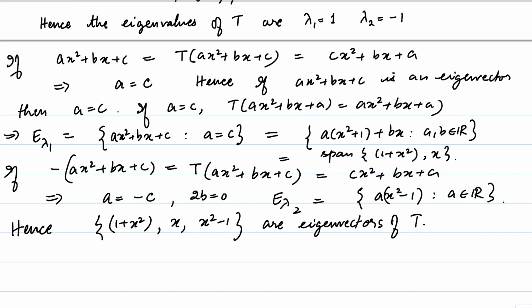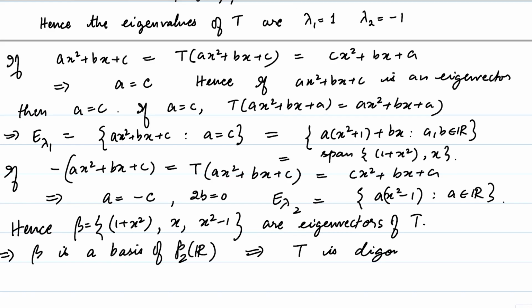That has to be a spanning set as well. So this implies that, let's call it beta, beta is a basis of P2(R). I'll leave the check that beta is linearly independent as an exercise for you, and that will help us conclude that beta is a basis, which implies that T is diagonalizable.